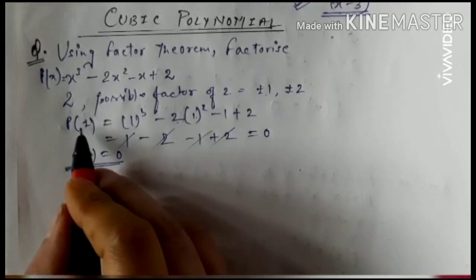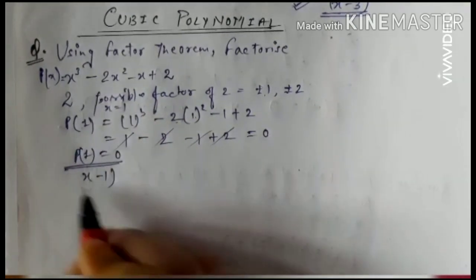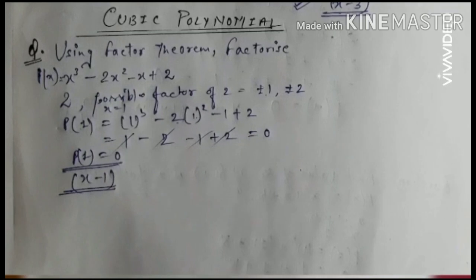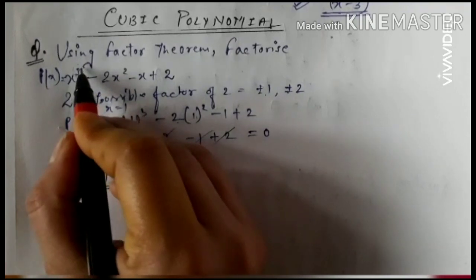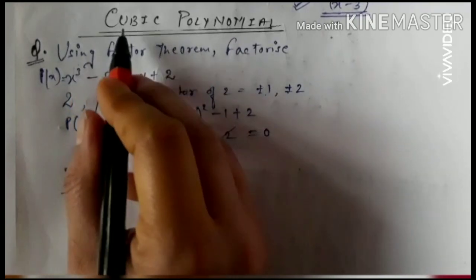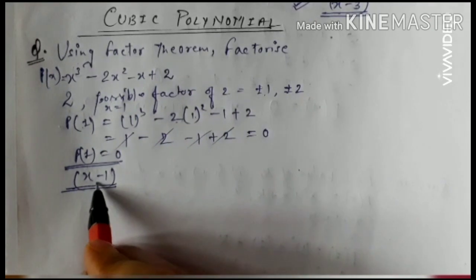When we put x equal to 1, that means you are getting the first factor. This is one factor you have found. Now you have to find the other 2, because the highest degree is 3, so you will get 3 factors. So this is your first factor.